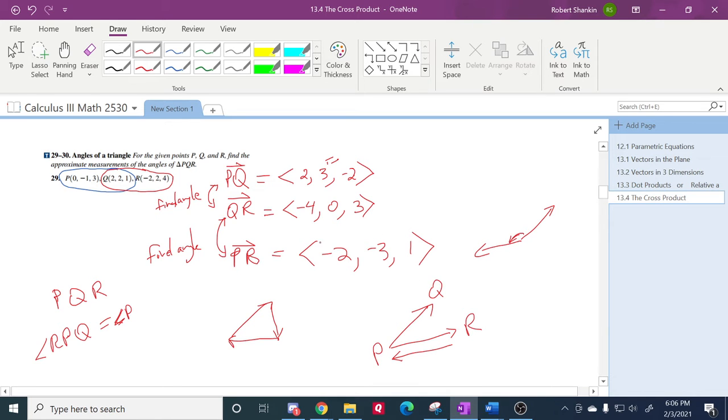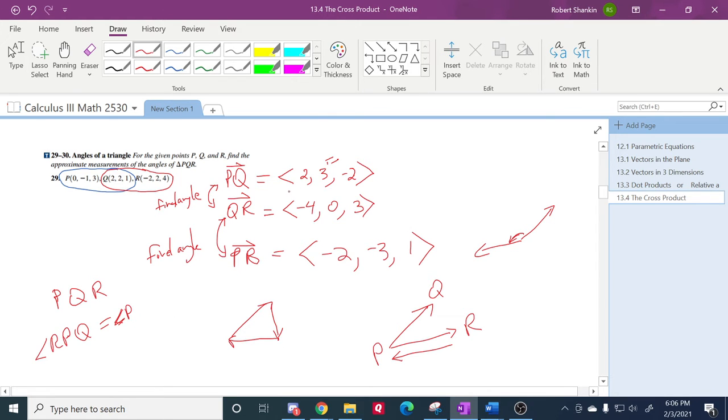All right, it does make sense. I had overlooked this. When you're finding the angle from one point, initiate each of the vectors from that point. So we're really finding angle P here.